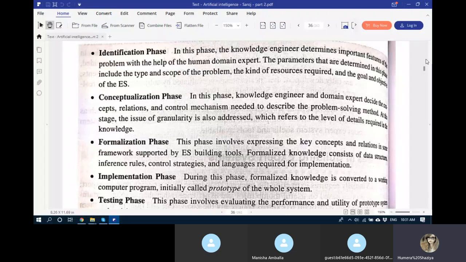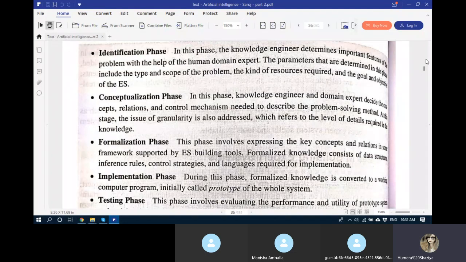From the computer programmer perspective, you have to conceptualize the whole idea. And then the formalization phase involves expressing key concepts and relations in some framework which has been supported by expert system building tools.